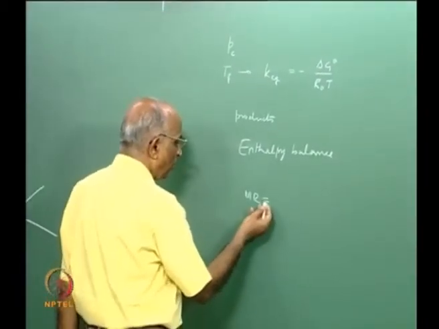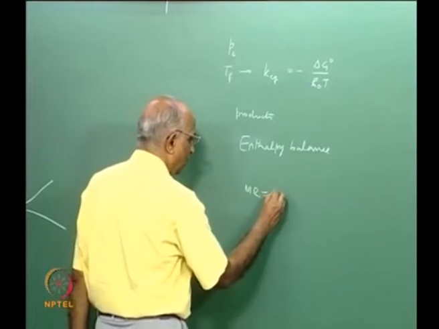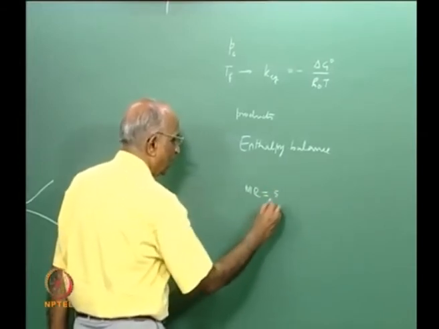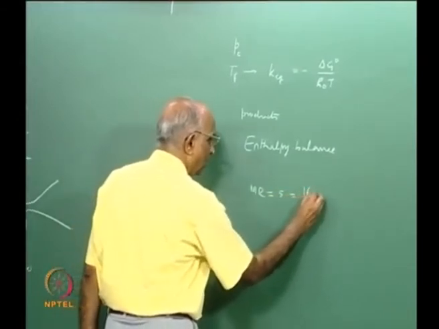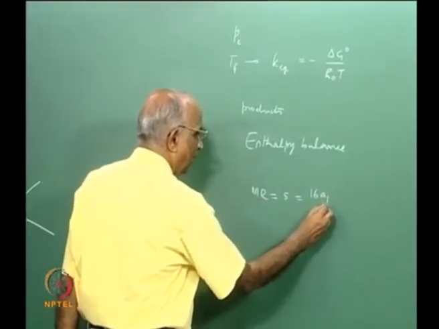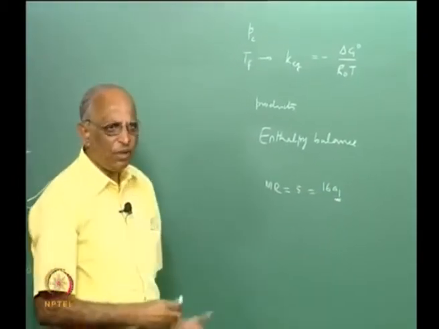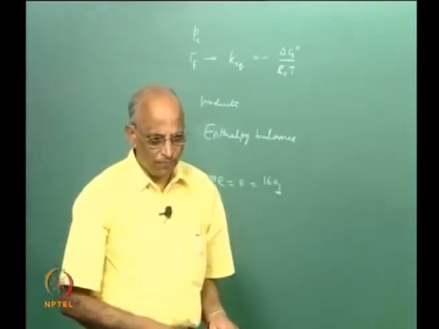Let us say the stoichiometric mixture ratio for hydrogen oxygen is 8, let us say 5, therefore 16 A1 equals 5, I can get the value of A1. Whatever be the mixture ratio, I can do this problem.